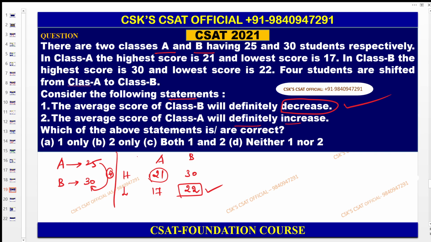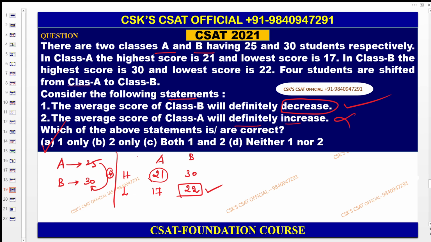It is not going to increase. So this statement is wrong. We can say that A one only is right. Understood? Okay, fine. Okay, done.